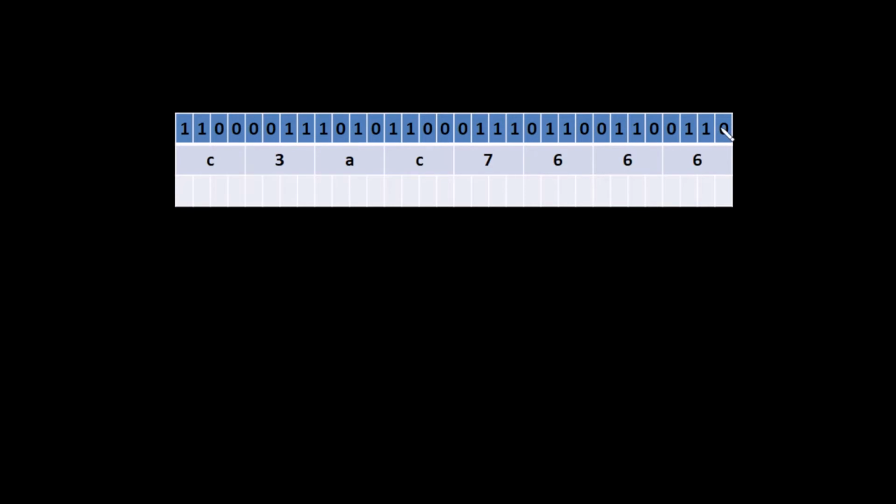So hexadecimal goes from 0 to 15. So we're going to have 16 possible values. So the first 4 bits here get split into one hexadecimal number. Then the next 4 bits goes into another hexadecimal, and so on and so forth. So for example, the first bit here in hexadecimal is going to be 1, 2, 4, 8.